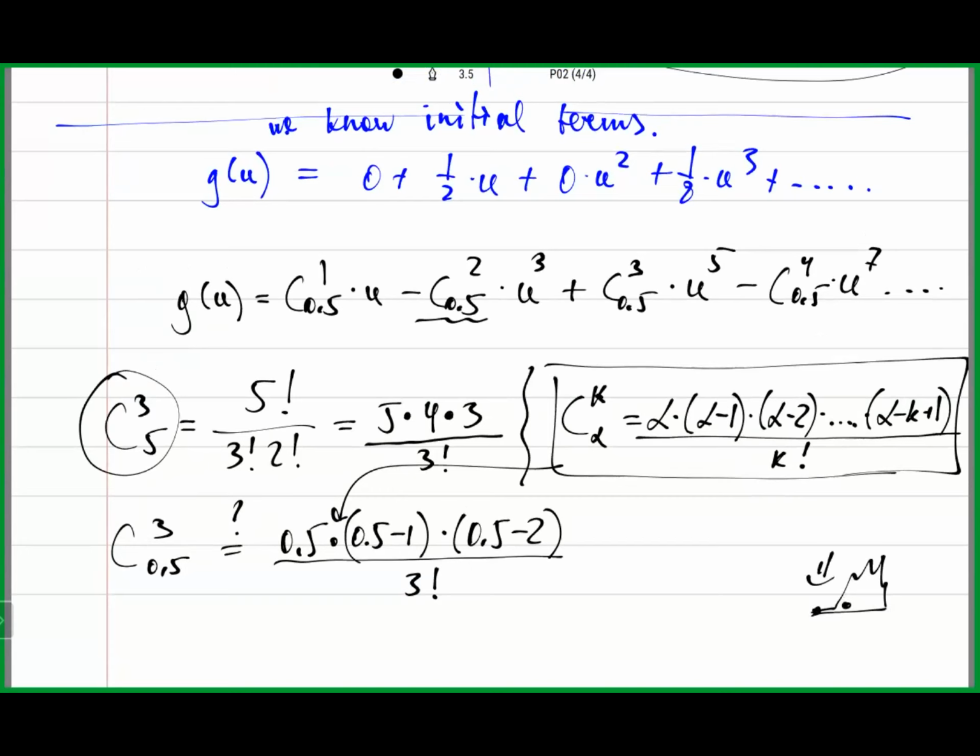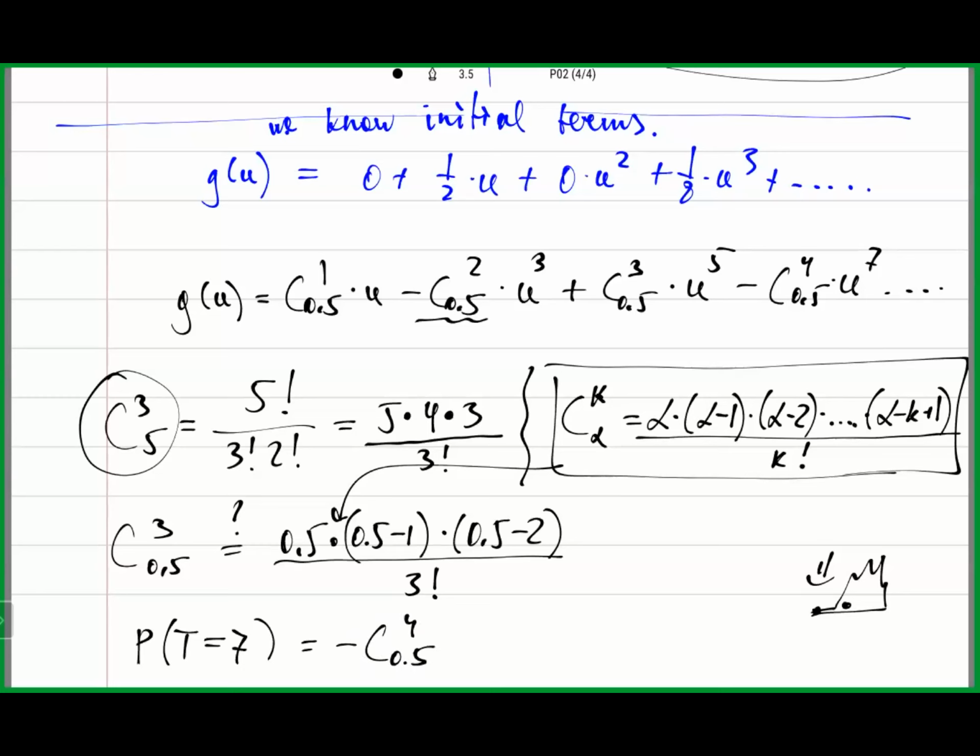So let's find any probability. For example, what is the probability that t will be equal to 7? It's minus C, with index 0.5, superscript 4.